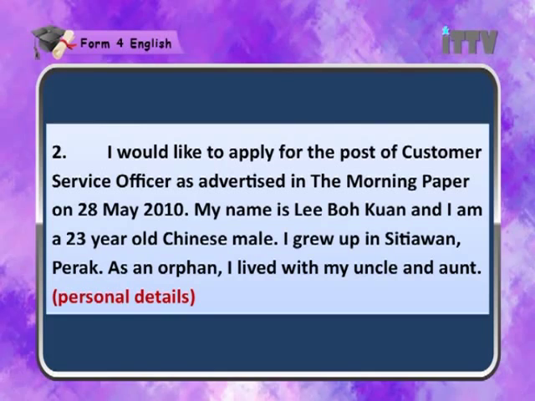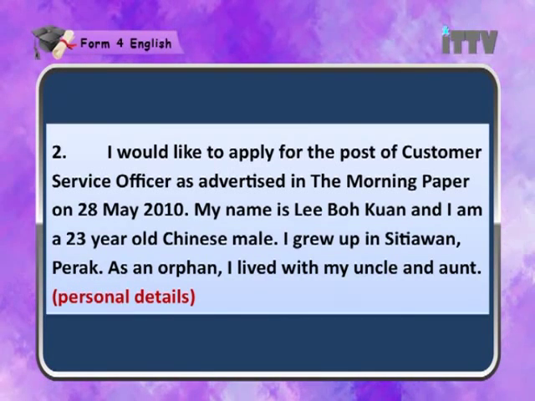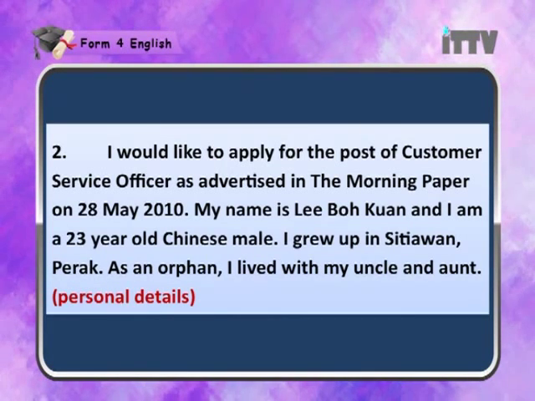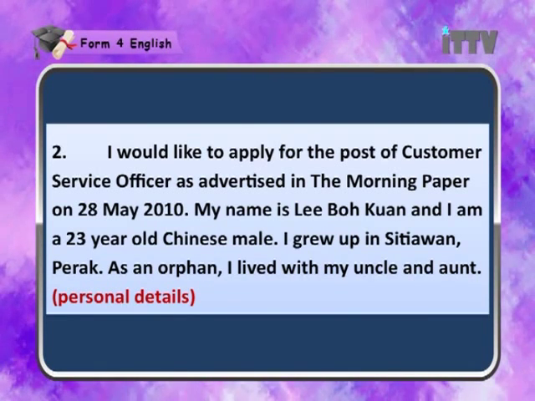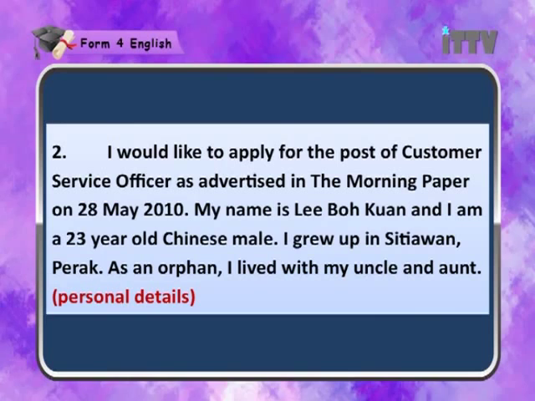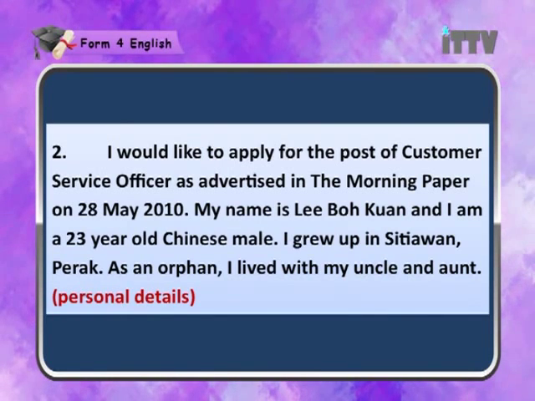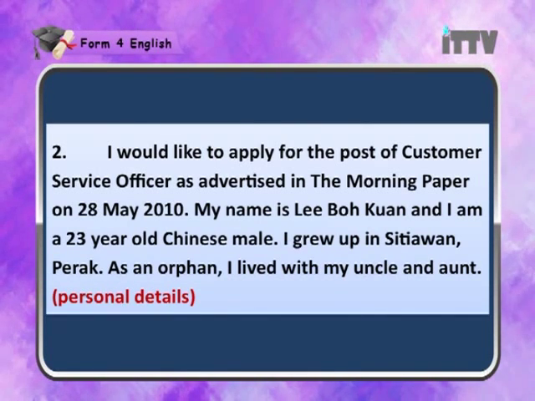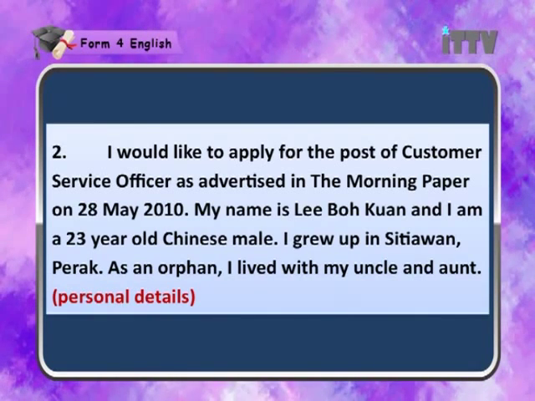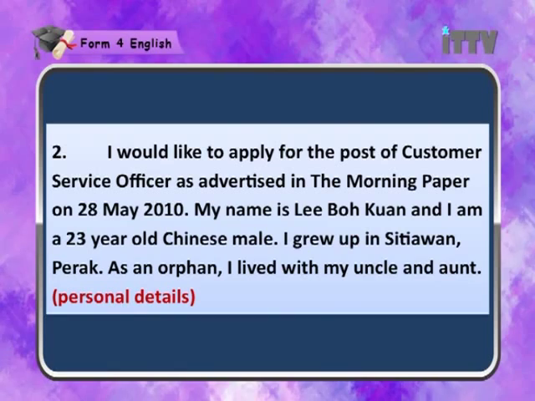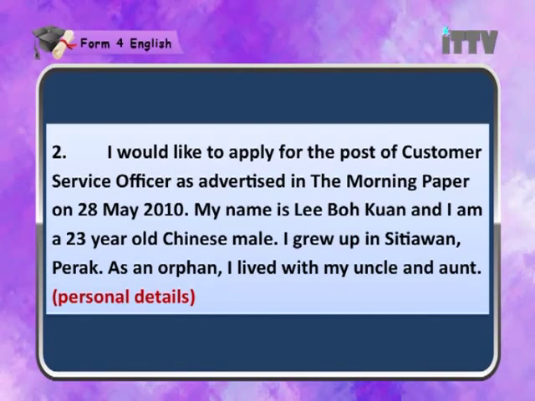Let's read this. I would like to apply for the post of Customer Service Officer as advertised in the morning paper on 28 May 2010. My name is Lee Bo Kwan and I am a 23-year-old Chinese male. I grew up in Setiawan, Perak, as an orphan. I lived with my uncle and aunt.